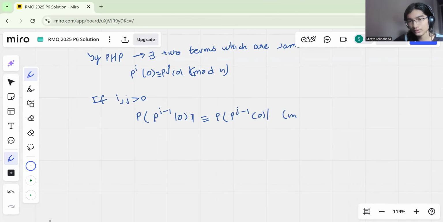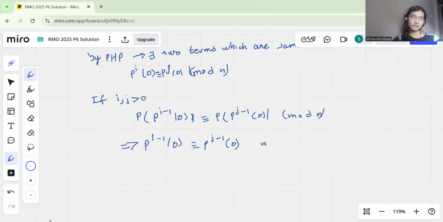So by injectivity, we would get a smaller pair, which in turn implies that p to the i minus 1 of 0 is congruent to p to the j minus 1 of 0 mod n. This we get because of injectivity.